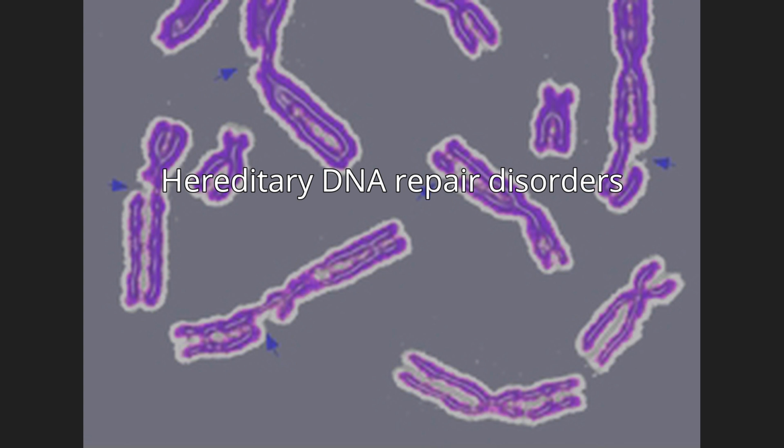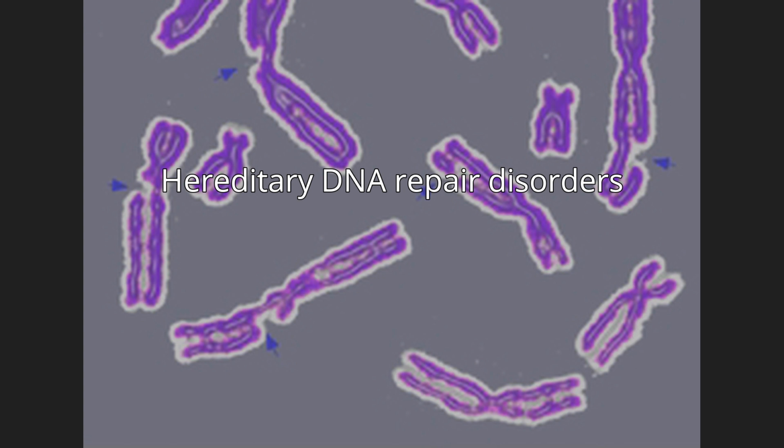Other DNA repair disorders include Werner's syndrome, premature aging and retarded growth, Bloom's syndrome, sunlight hypersensitivity, high incidence of malignancies, especially leukemias, ataxia telangiectasia, sensitivity to ionizing radiation, and some chemical agents.